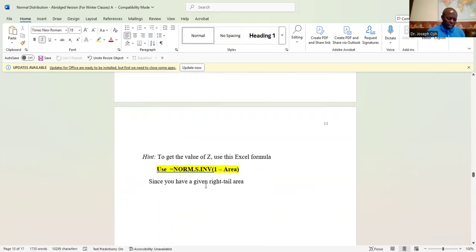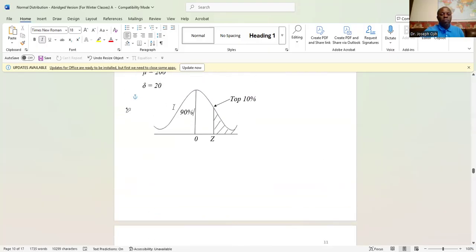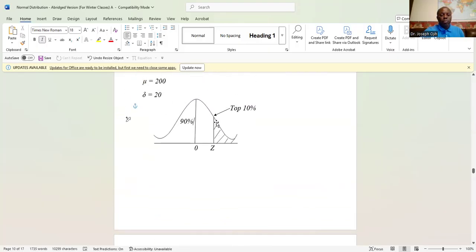The formula is equals NORM.S.INV of 1 minus the area, because we're looking for only this portion. The whole of this is 1.